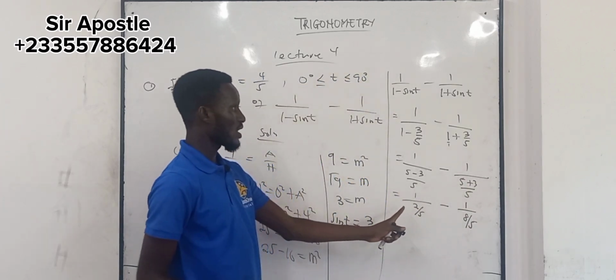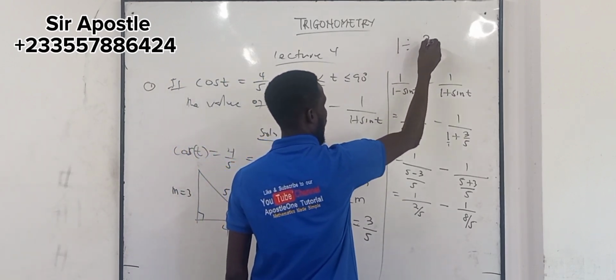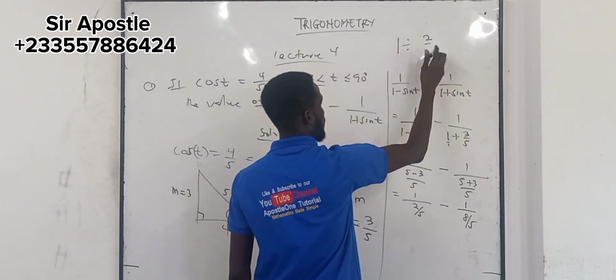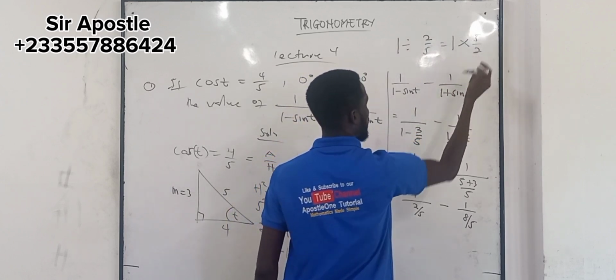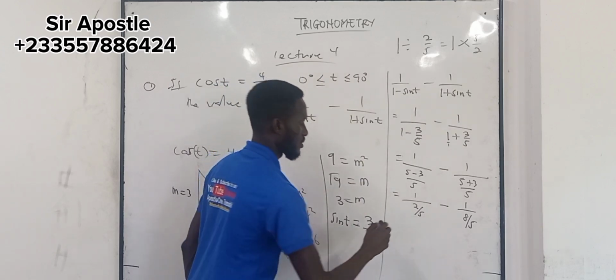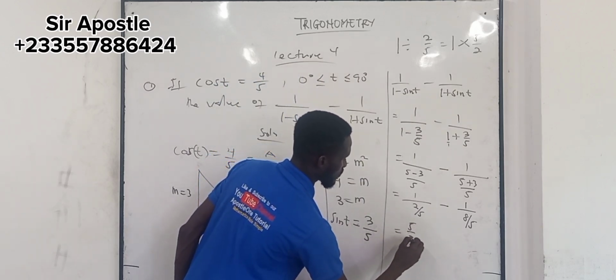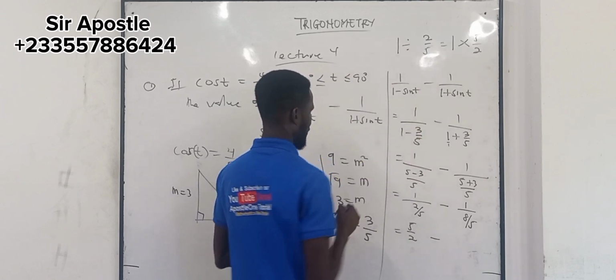Now don't let this one confuse you. We have 1 divided by 2 out of 5. It is the same as 1 times what? 5 out of 2. So the whole of this one is the same as 5 over 2. Then what will be this one? This one is the same as 1.